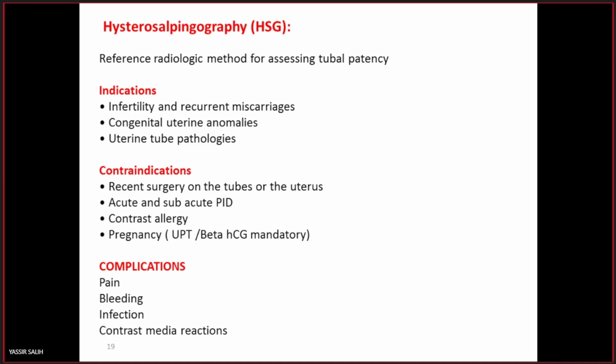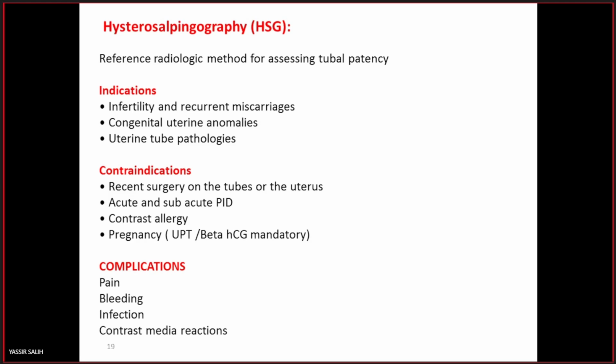Note that CT or MRI are not helpful in assessment of patency of the fallopian tube. There are many indications, and the most important is infertility. This is the most common indication for assessment of the patency of the fallopian tube, or in case of recurrent miscarriages, or to look at the shape or configuration of the uterus to exclude congenital uterine anomalies.